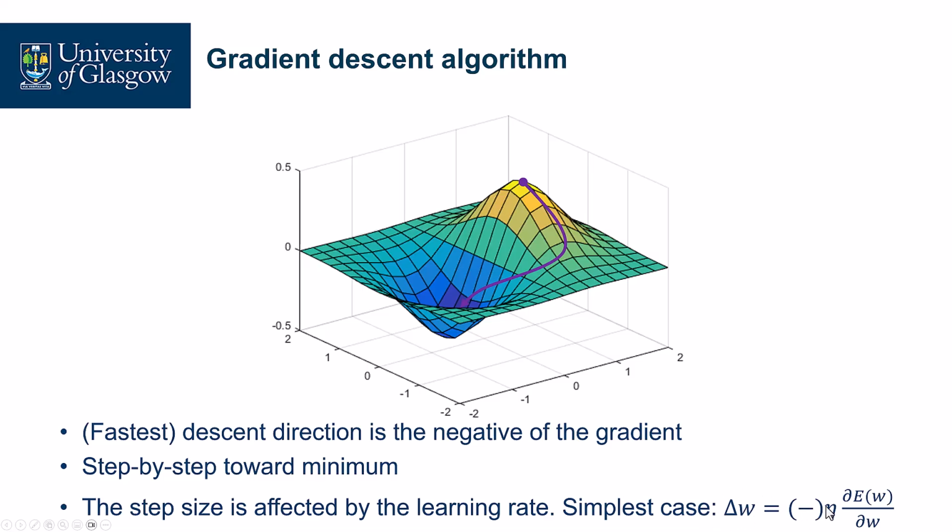It's minus the learning rate multiplied by the partial derivative of the error function with respect to W, right? So this is the way of changing W. Each step we change this, and we go many steps to iteratively optimize the loss function.